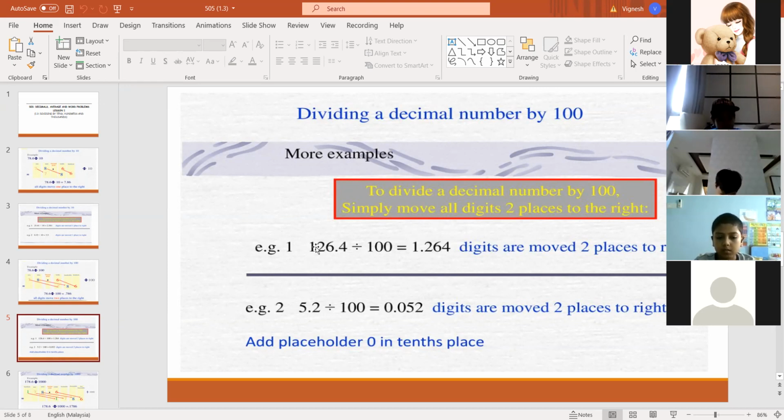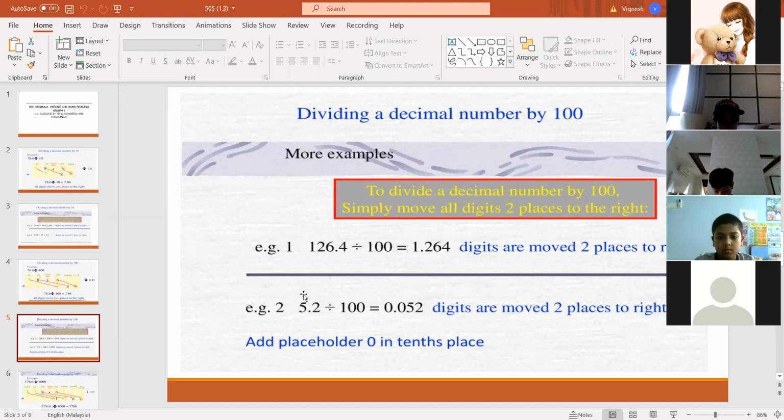Okay, 5.2 is the same. You are moving 2 decimal places to your left. So 1, 2. So the answer is 0.052. Understand or not?